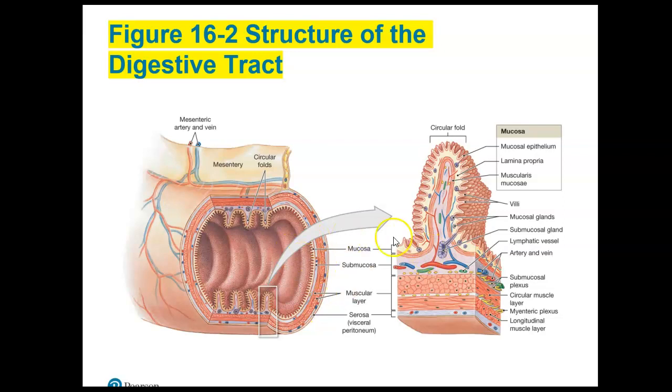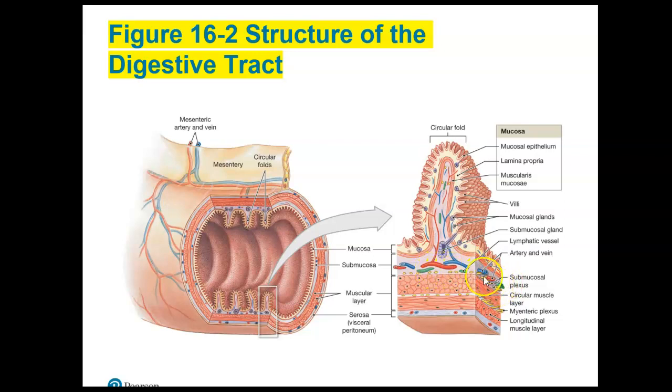So looking at a villus, this is actually one of those circular folds, the plicae circulares. And then here are the individual villi. So what I want to point to here, here we go.